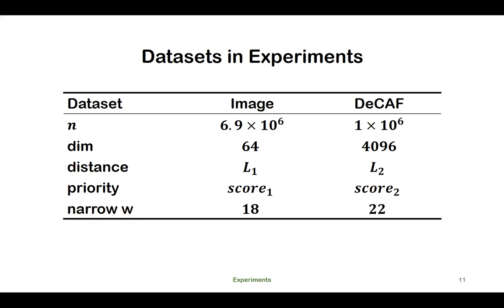Dimensions are 64 and 4096. The distance functions are L1 and L2. Score 1 and score 2 are used as the priority of filtering. For the narrow sketch widths, 18 bits and 22 bits are used to achieve the fastest search.